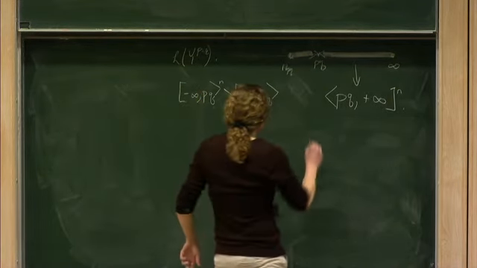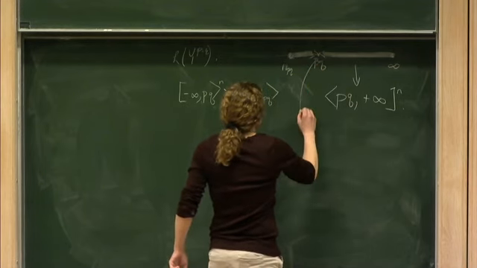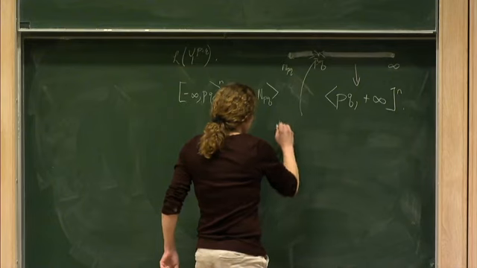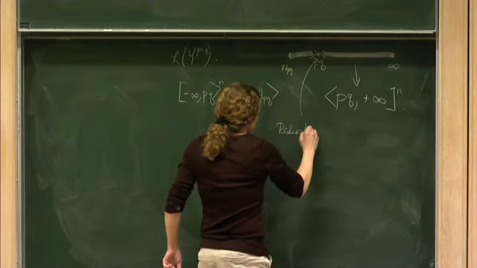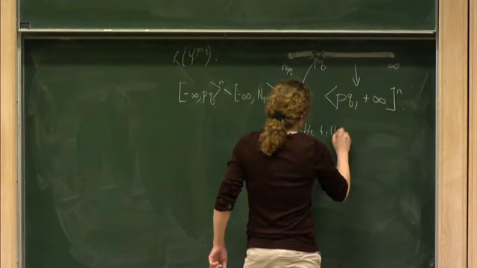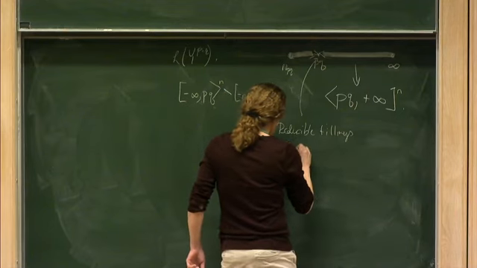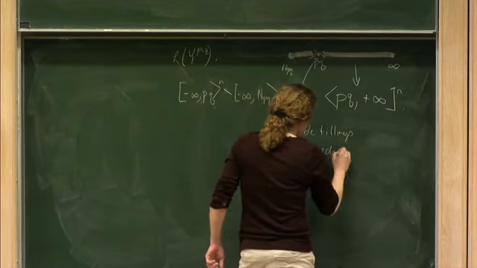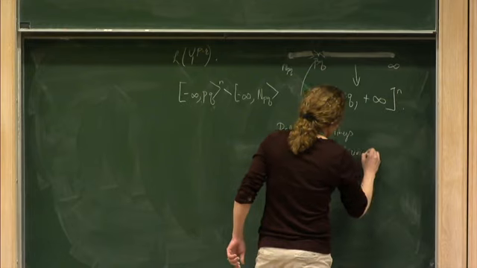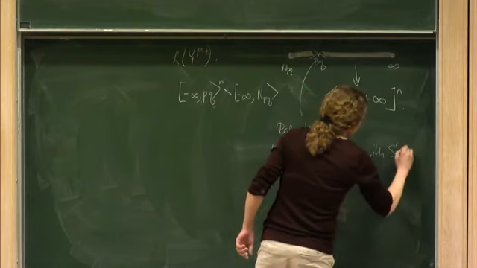And then this part here, so these are the reducible fillings, which are, well, not a connected sum with S1 cross S2.